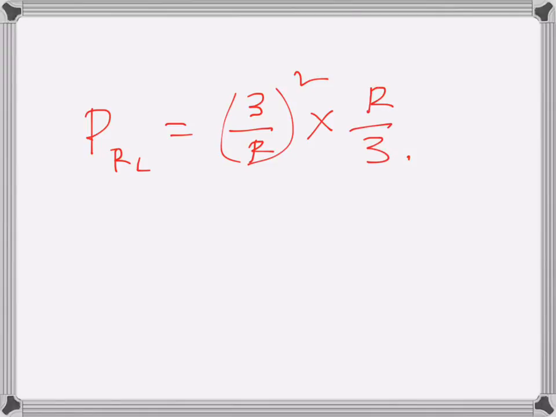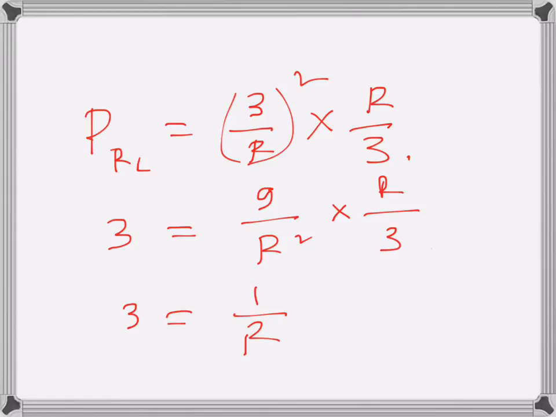That will be 9 over R squared times R over 3. So that will be 3 over R. Actually this will be 3, so R will become 1. Now this value will be in kilo ohms because the power is in milliwatt. So R is 1 kilo ohm. We found the value of the resistance.